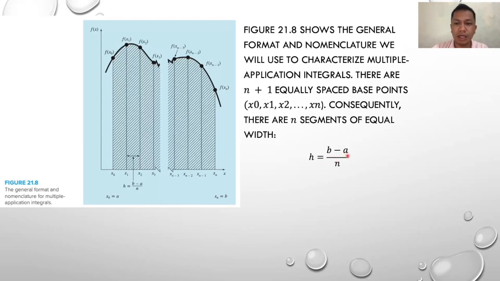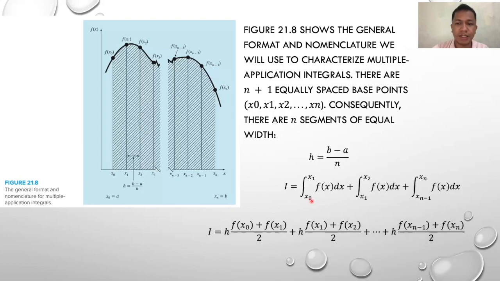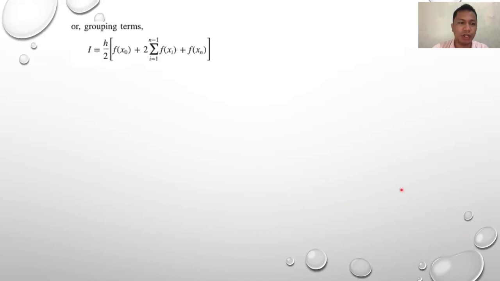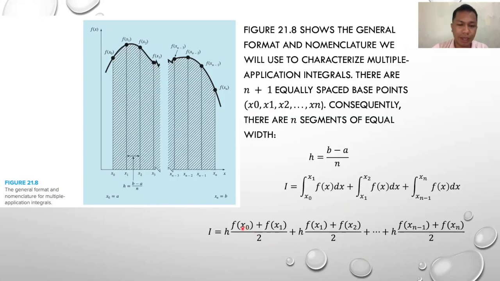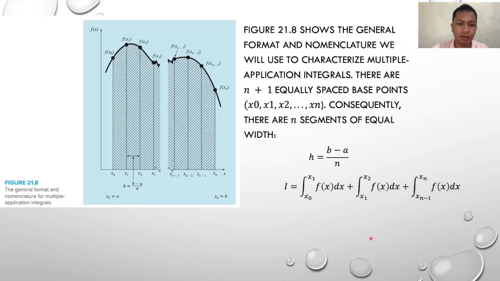If a and b are designated as x0 and xn respectively, the total integral can be represented as this. Then substituting the trapezoidal rule for each integral yields this equation. Then we will group this equation. If you can see, we have a common factor here, so we can group this equation.